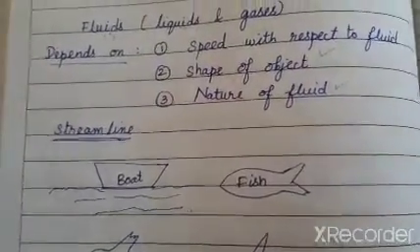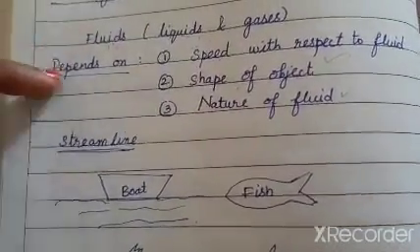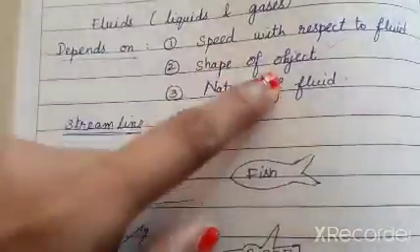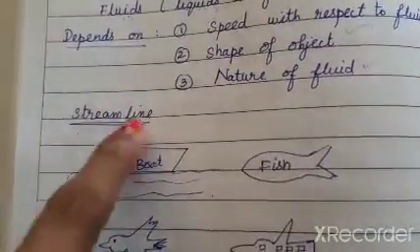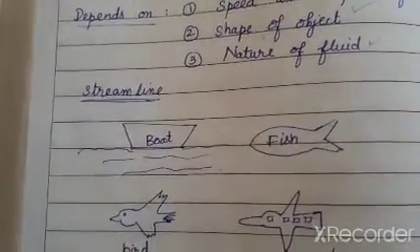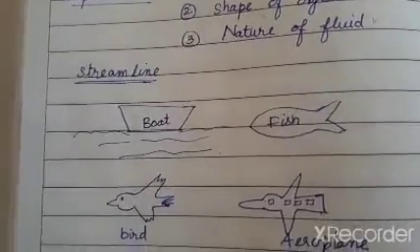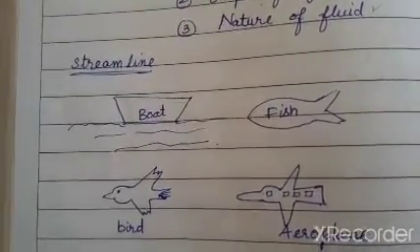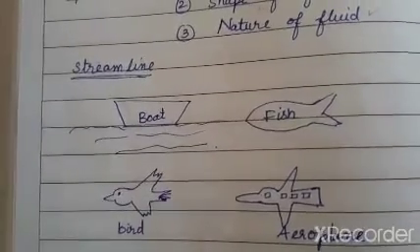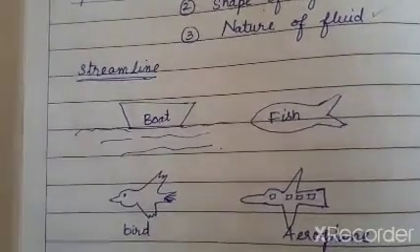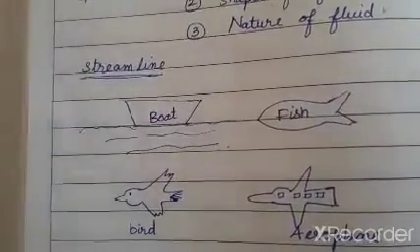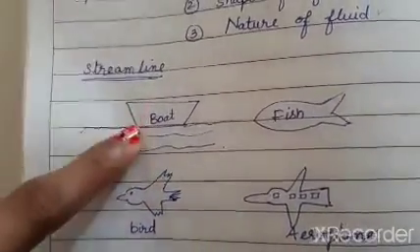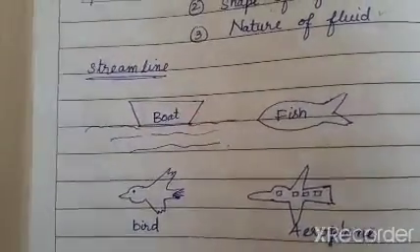That is a very important factor on which the fluid friction depends. The shape of the object is called streamline. It is not easy for all objects to travel in fluids. How was an aeroplane shaped like this? How come a boat was shaped like this?